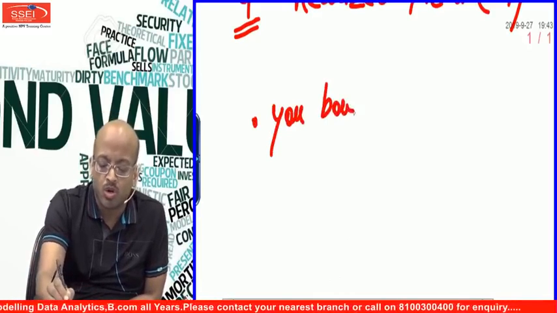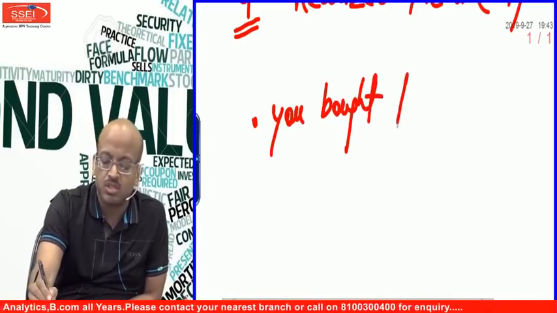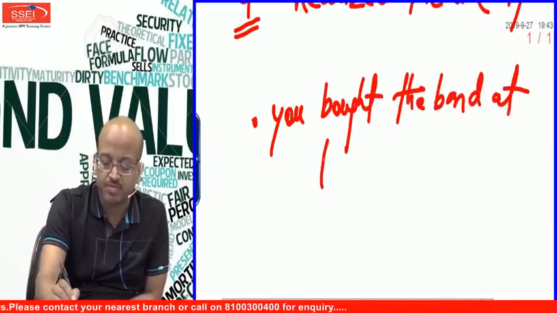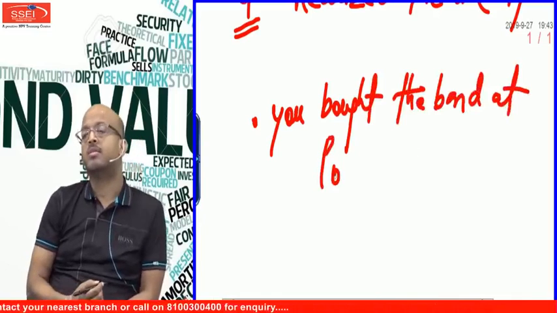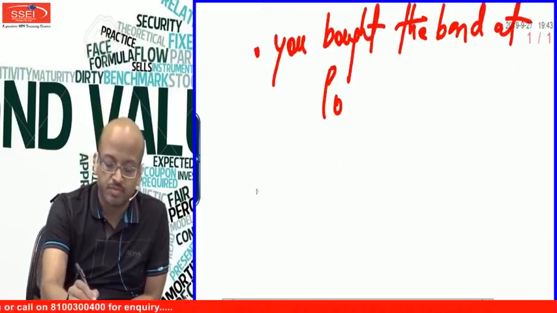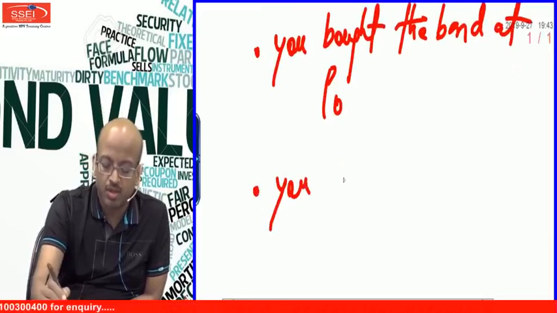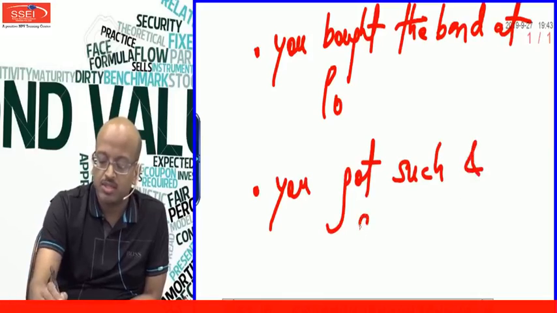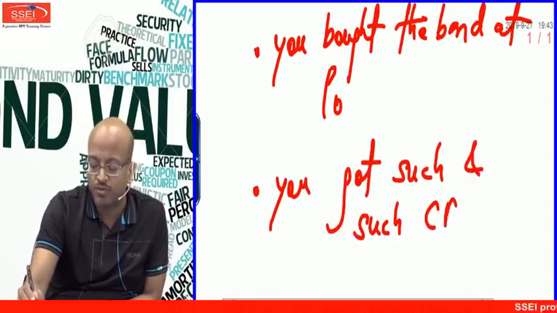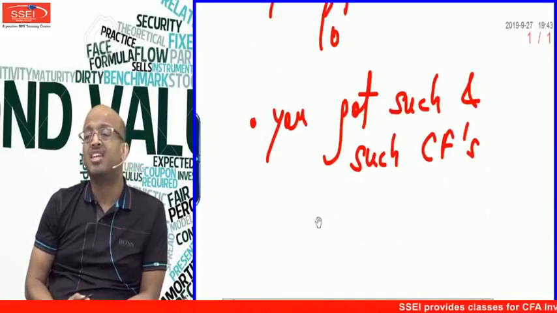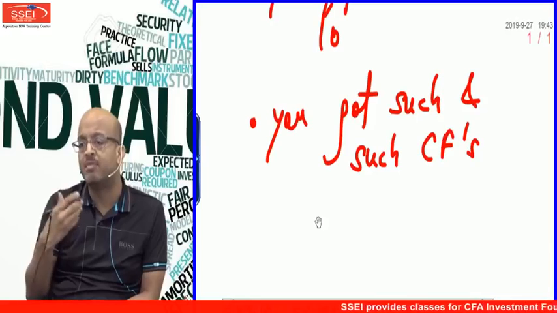You bought the bond at P0. You got such and such cash flows. You understand the tone in which I am speaking?